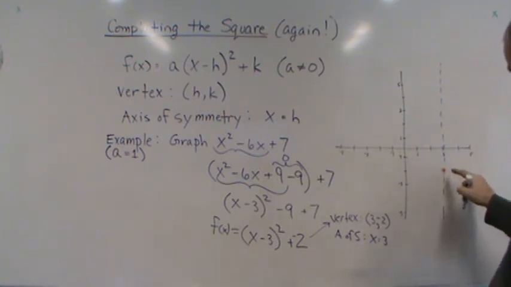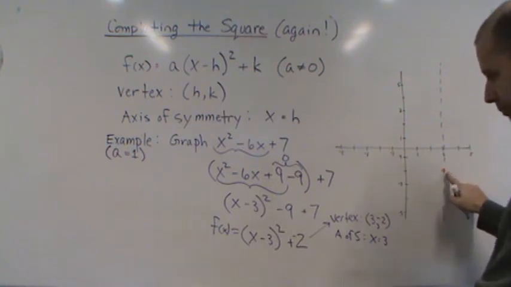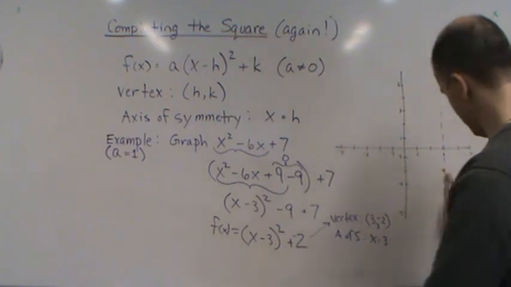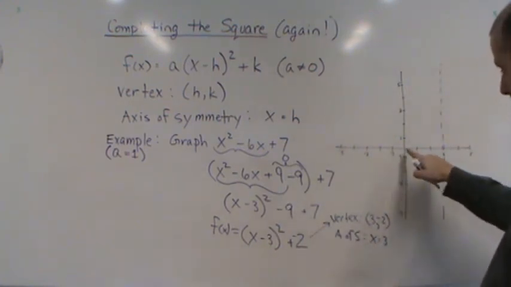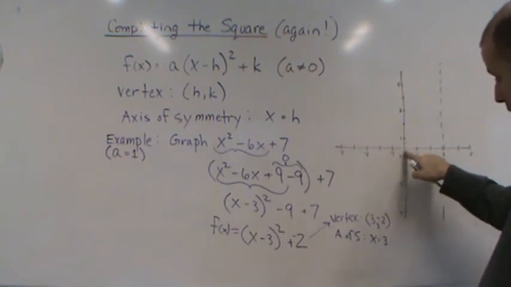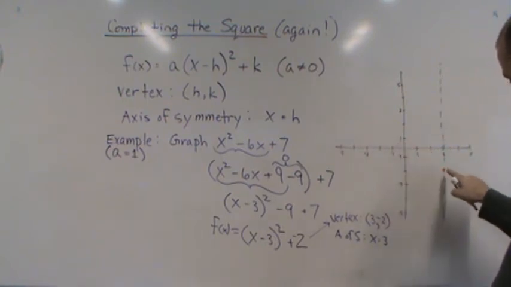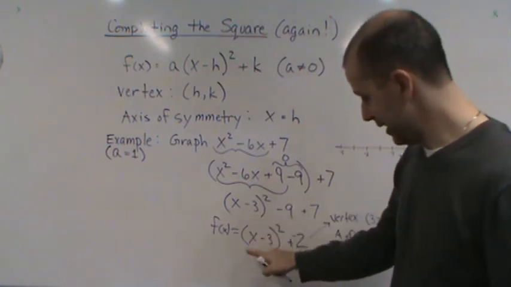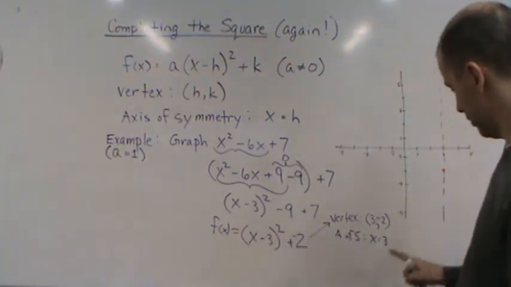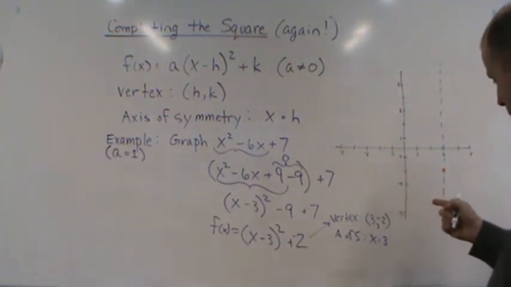And so from here, I know I can graph each point because I know it's got to be the next point over. So if this point here is the vertex, okay, then I know the next point, right? Because remember the basic function goes through 0, 0, 1, 1, and negative 1, 1. So if my vertex is here, then based on this, a is 1. So there's no vertical stretching or shrinking going on.